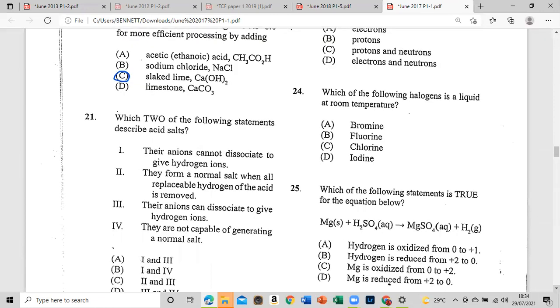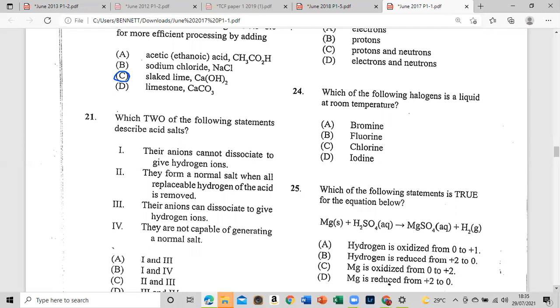Which two of the following statements describe acid salts? 1, the anions cannot dissociate to give hydrogen ions. 2, they form a normal salt when all replaceable hydrogen of the acid is removed. 3, the anions can dissociate to give hydrogen ions. 4, they are not capable of generating a normal salt.